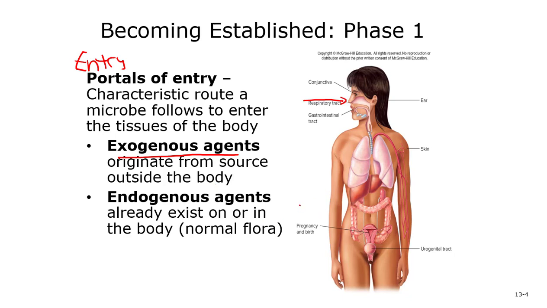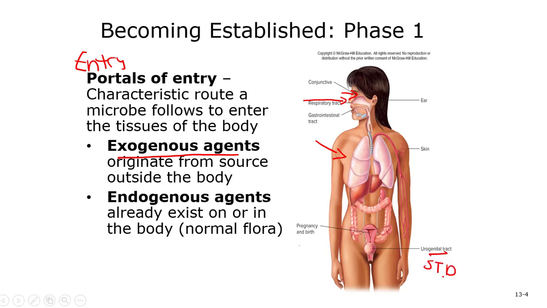Other forms of exogenous agents are maybe an insect or animal bite that allows the pathogen to penetrate the skin. Most pathogens need to get in through a mucous membrane. So eyes, when you rub your eyes and your hands contain the pathogen, or through sexual transmission.